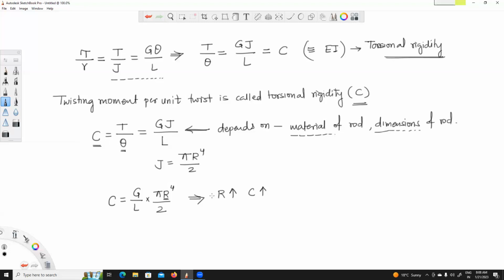So if in a particular application you want a small angle of twist, then your rod must have a larger modulus of rigidity. And how do you get that larger value of torsional rigidity? To get a higher value of torsional rigidity, you should have a larger radius and smaller length.